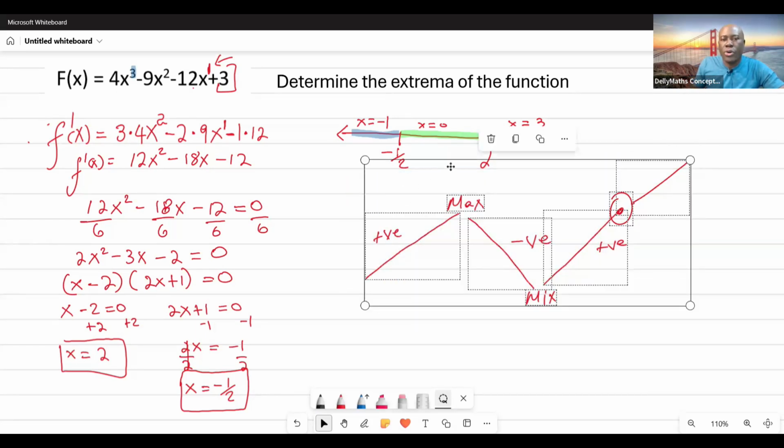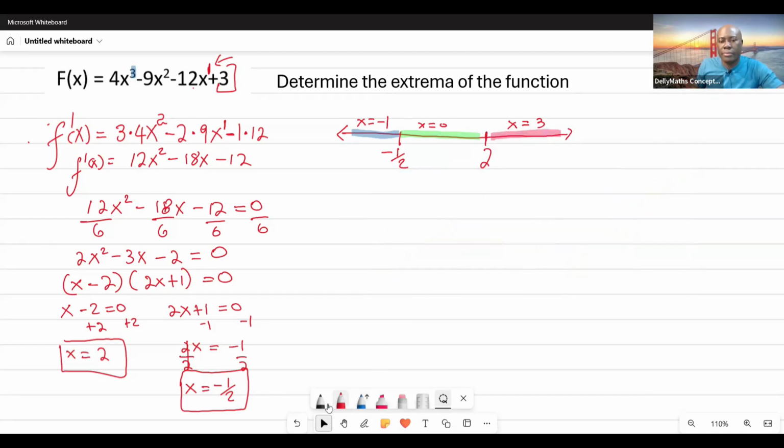All right. So we're going to take the derivative function, and here it is. My derivative function is 12x squared minus 18x minus 12. What I'm going to be doing is utilizing these numbers right here.